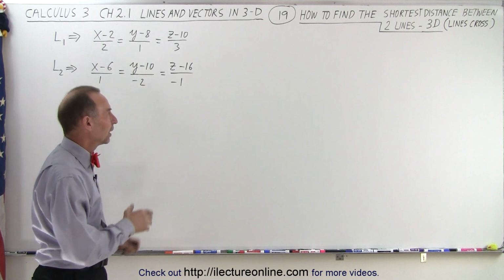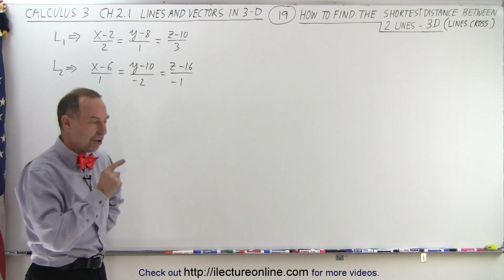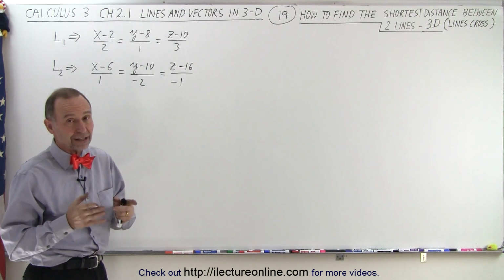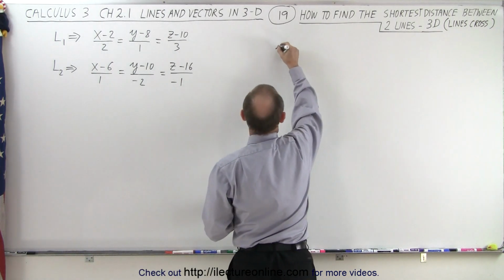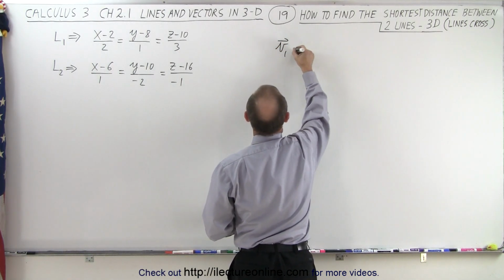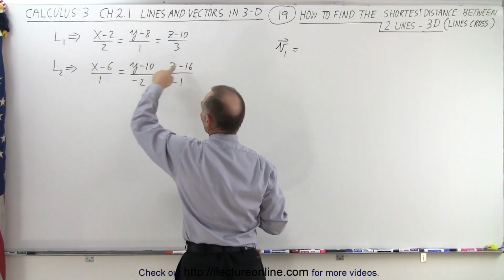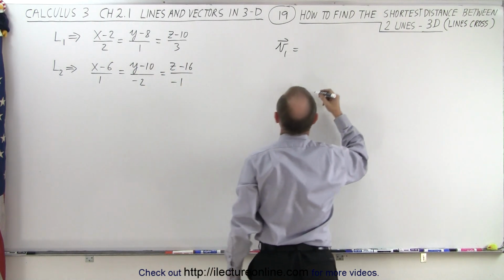So that means that step A is we need to find a vector that's perpendicular to the two lines, which means we first need to find the two parallel vectors, vector 1 and vector 2. So vector 1, which is parallel to line 1, is going to be equal to, notice that when we have the equation in the general format, the denominators are the components of the parallel vector.